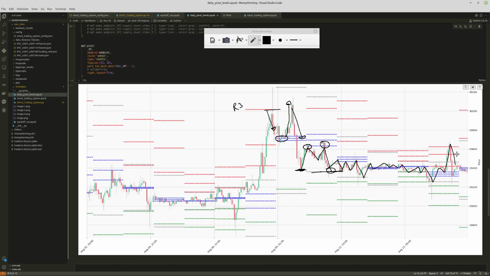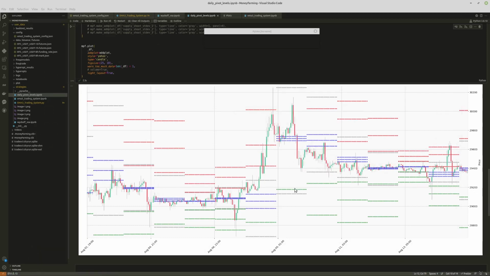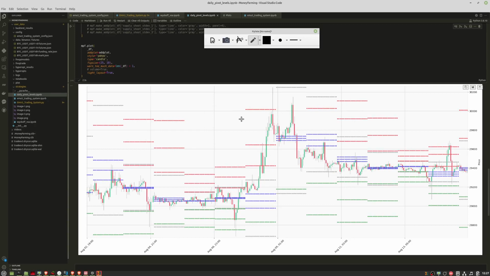It's reacting within these boundaries. Okay, and that's why it's very important to use the pivot points for our support and resistance. See here, another support. Okay, here resistance. Okay, and we can see it everywhere. All right, this is a 1 hour chart, but we can see it everywhere that it's happening.